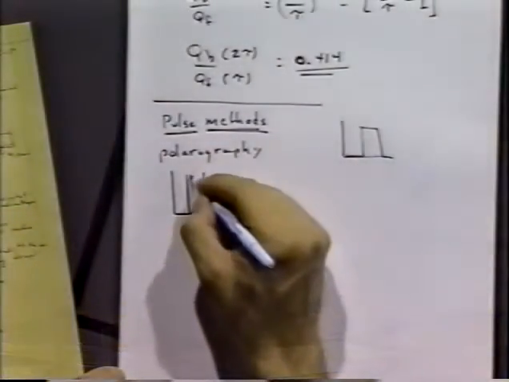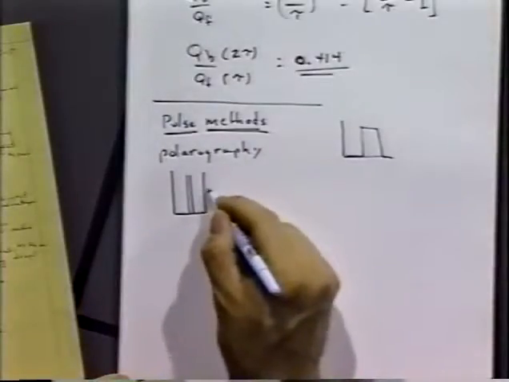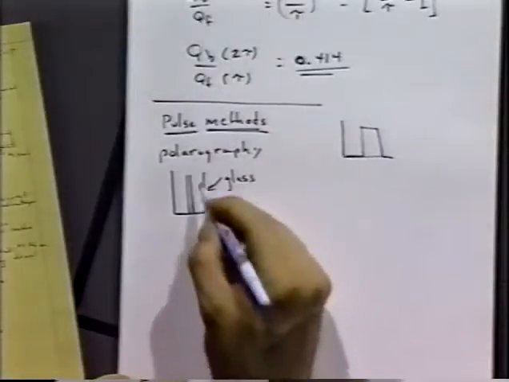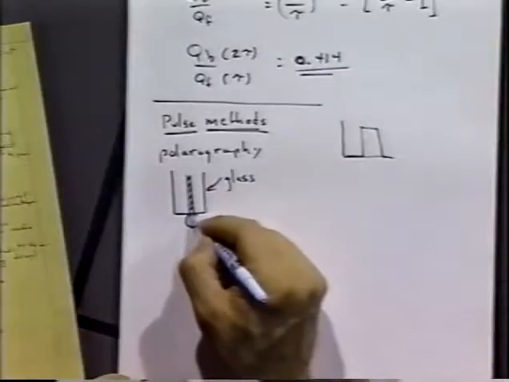Now, polarography strictly refers to one particular type of experiment, where they take a thick-walled glass tube with a thin capillary. And in that capillary and extending outside it is a drop of mercury.